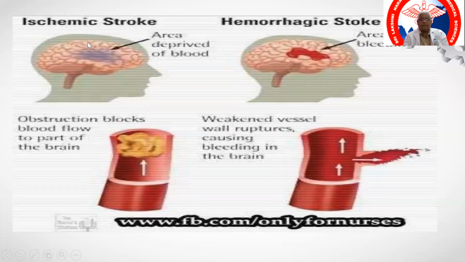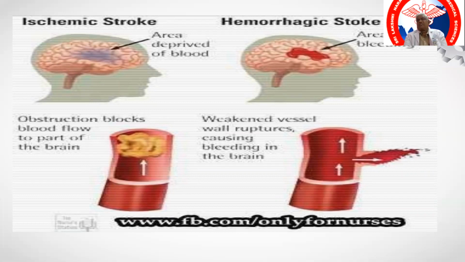In hemorrhagic stroke, what happens? There is a leak of blood from the cerebral vessels. A weakened vessel wall ruptures, causing bleeding into the brain.